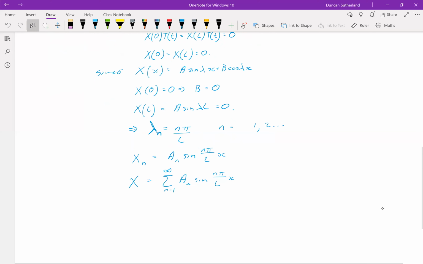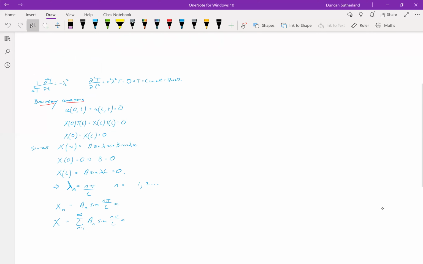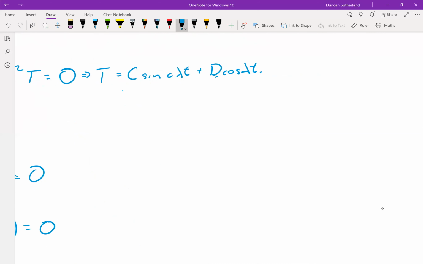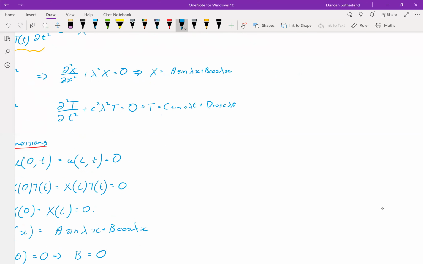That gives us a bit of insight into our T solution, of course, because T involves lambda as well. c is a parameter of our problem, so that's something we know. C and D are going to become indexed by n as well.